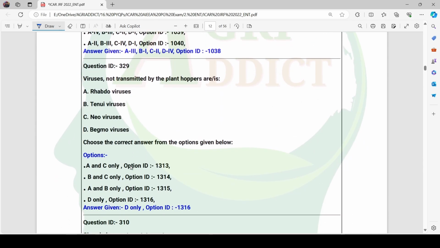Viruses that are not transmitted by plant hoppers are, the options are rhabdoviruses, tenuiviruses, marafiviruses and begomoviruses. Actually these rhabdo, tenui and marafi, these three are transmitted by plant hoppers. A direct line from Entomology treatise book. Direct line from this book.